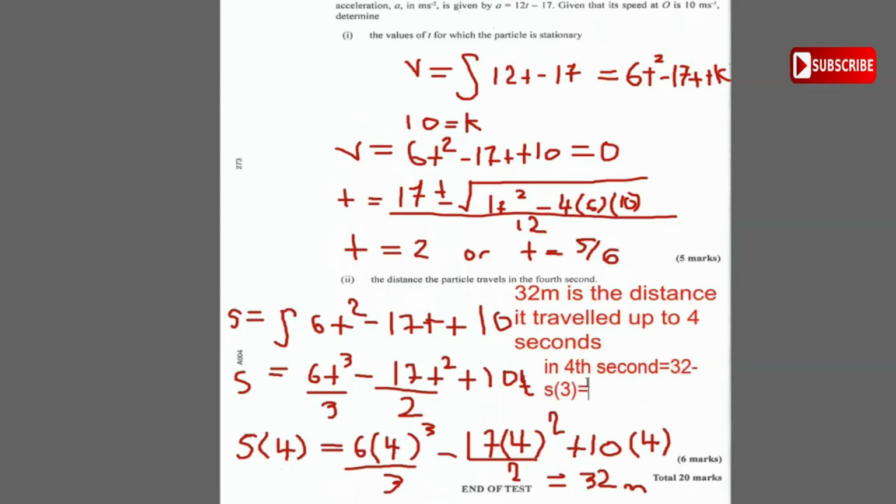S of 3, when you put t as 3, is 6 times 3 cubed over 3 minus 17 times 3 squared over 2 plus 10 times 3, which is 7.5. And so it actually travels 32 minus 7.5, which is 24.5 meters. That's what it actually travels in the fourth second.